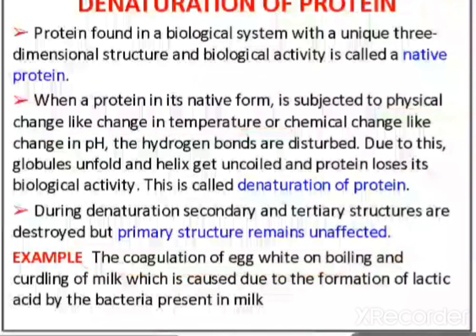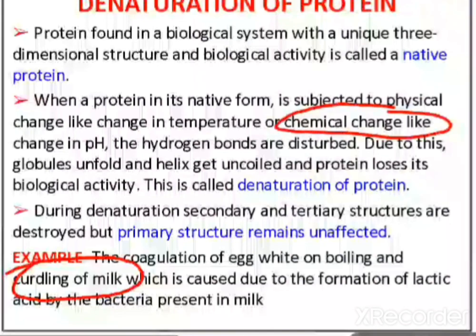Also curdling of milk. Whenever you add acid to milk, it converts into curd. This is due to a chemical change, like change in pH. And why is pH changing? Due to the addition of acid.